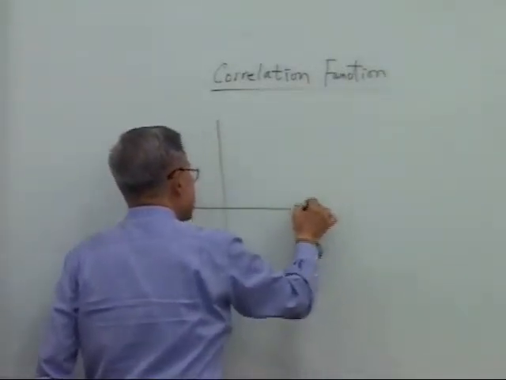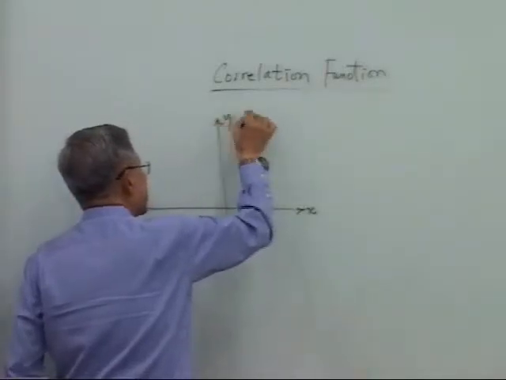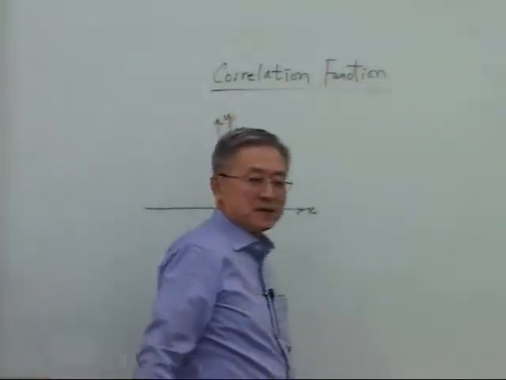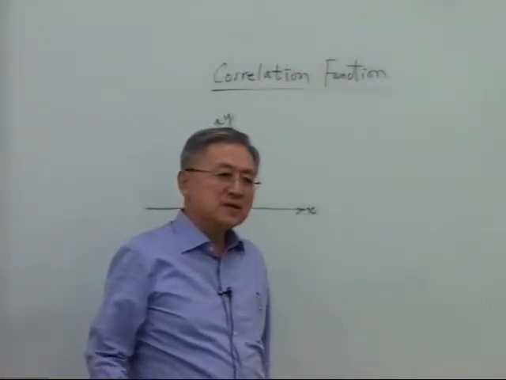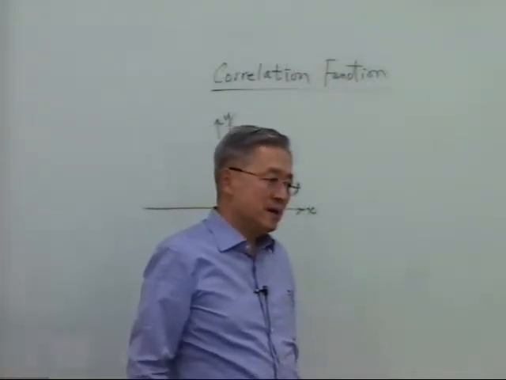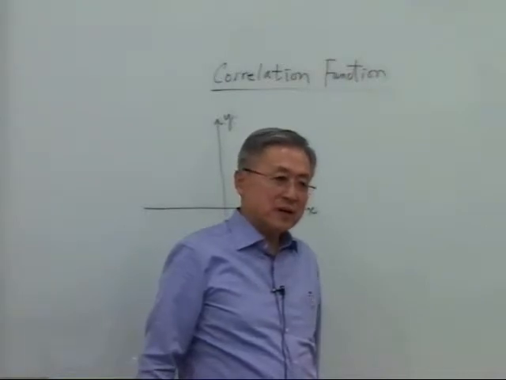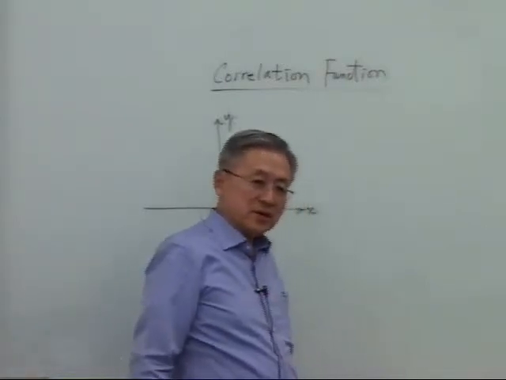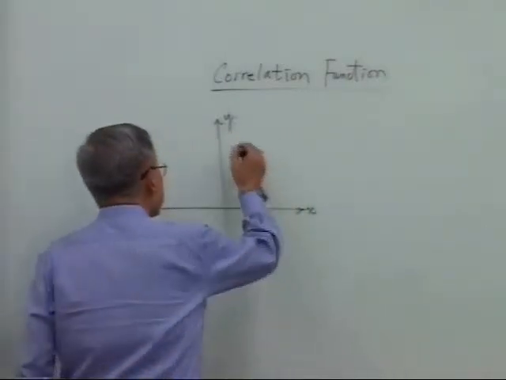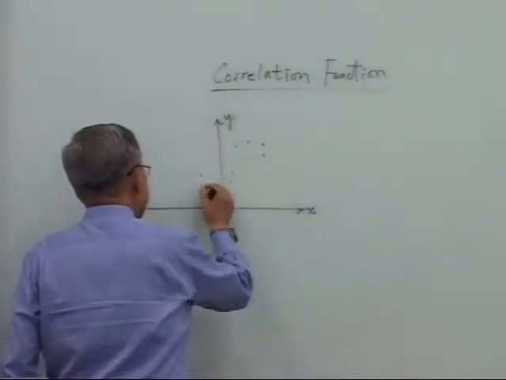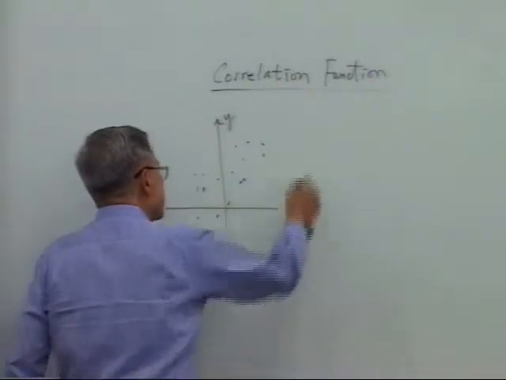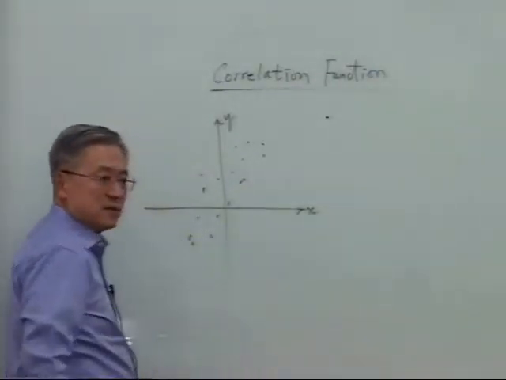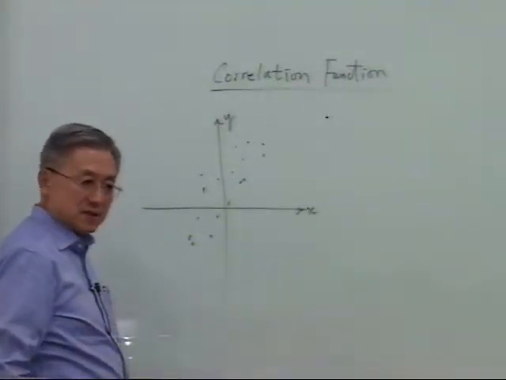Correlation is, again, if I just draw the XY axis plane, the relation between Y and the X axis. Then when you put in the data, believe it or not, some data is always outcast. That's what's happening.